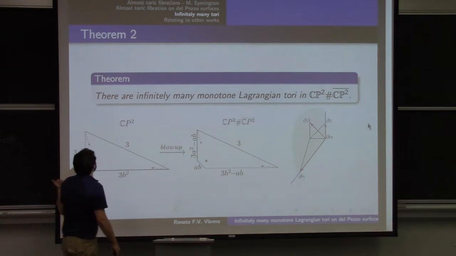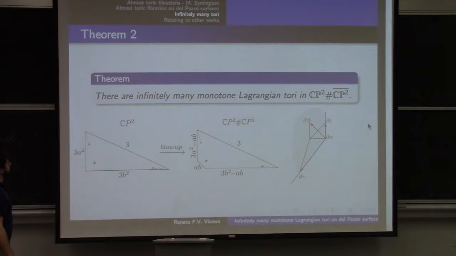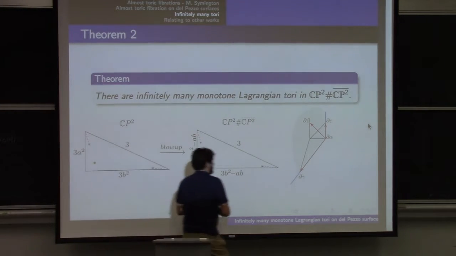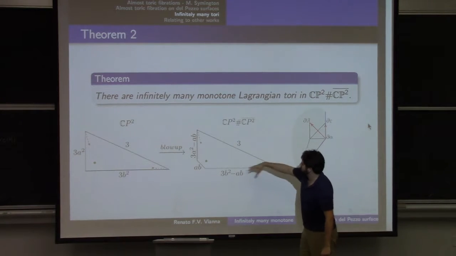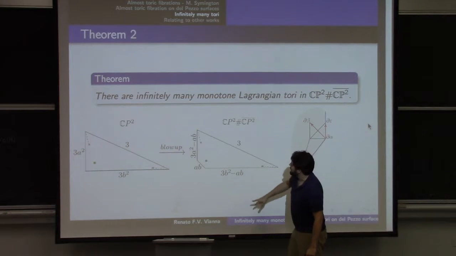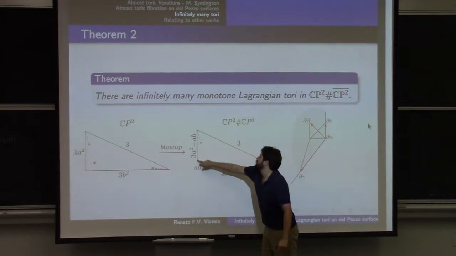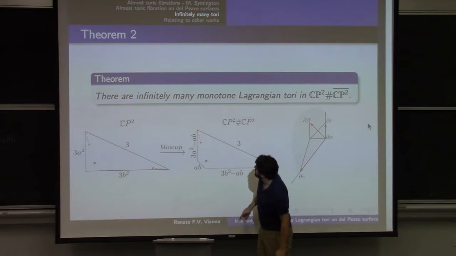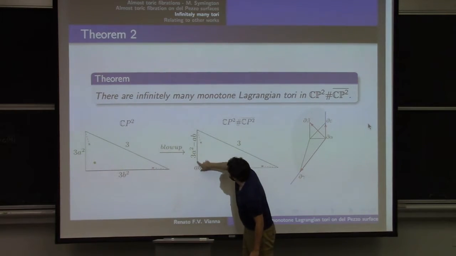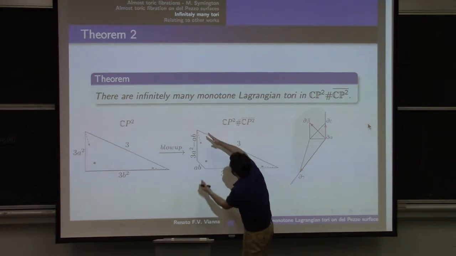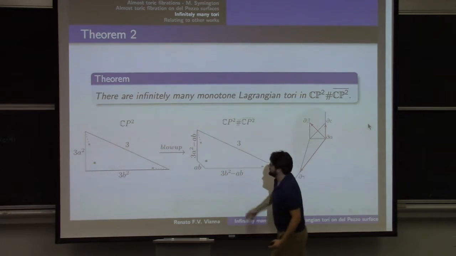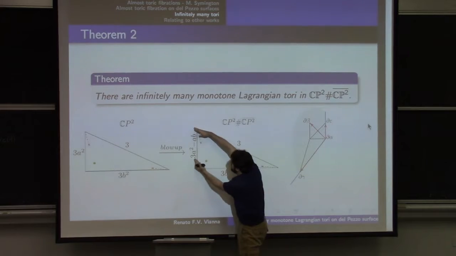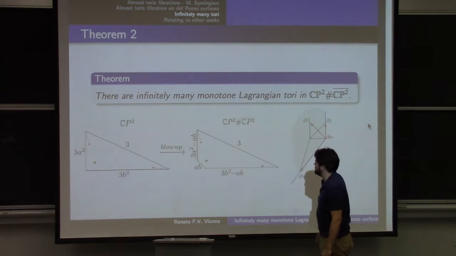For the case k equals 1, I have some trick that is the following. Here in this picture, I can construct infinitely many of them. Here I have this exceptional curve with self-intersection -1, and this one here, you can also prove that on the orbifold limit will have negative self-intersection.